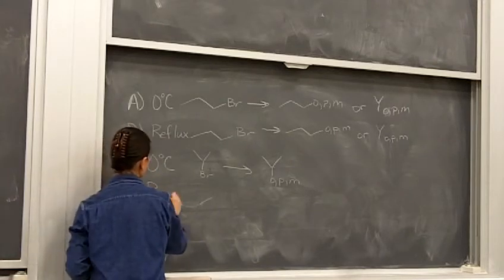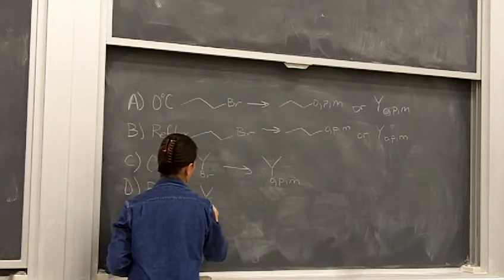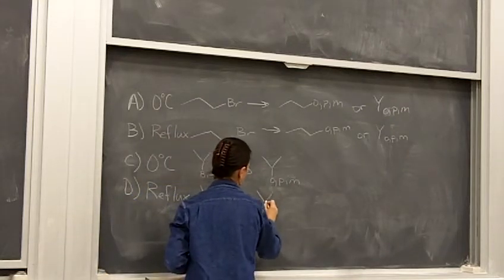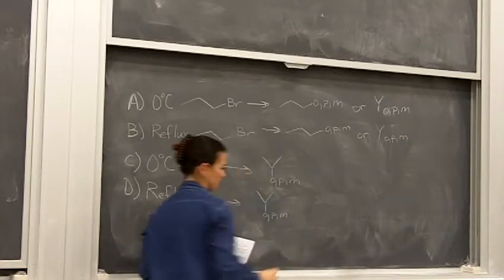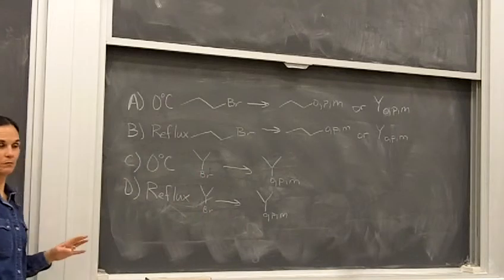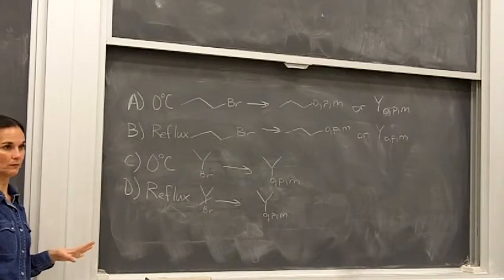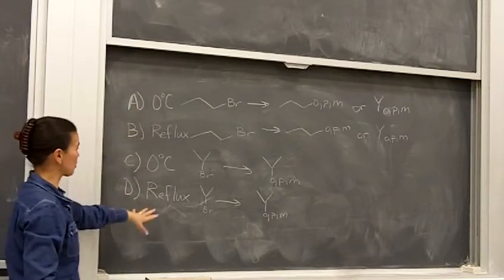And D is reflux. With 2-bromopropane, again, we just expect the isopropyl products. Everyone good there? So these are the different conditions we're going to use.